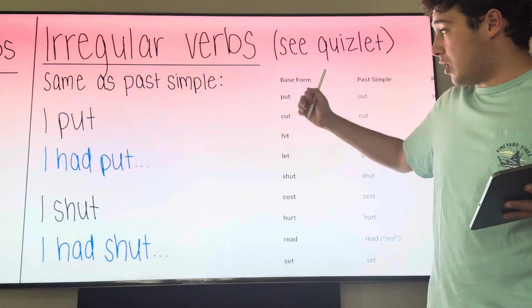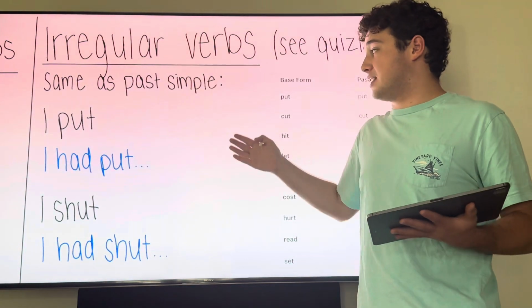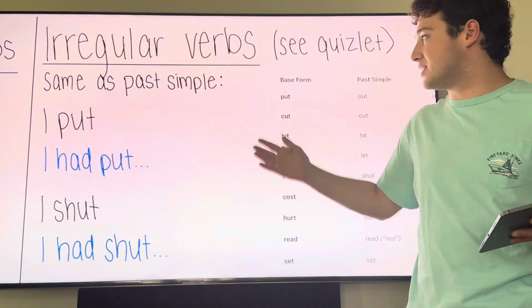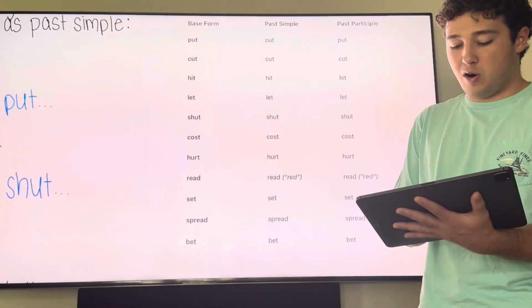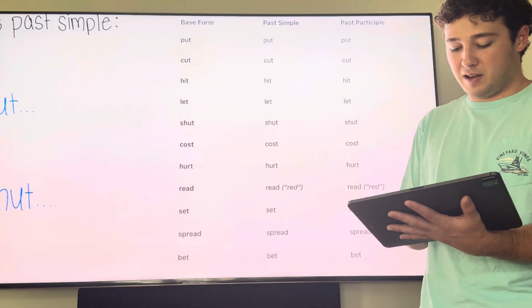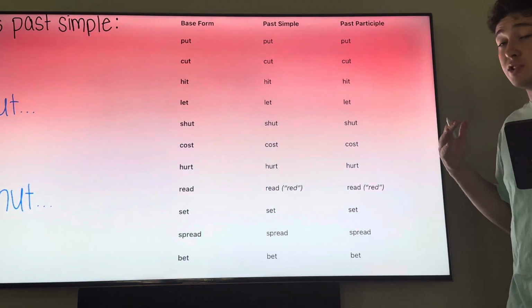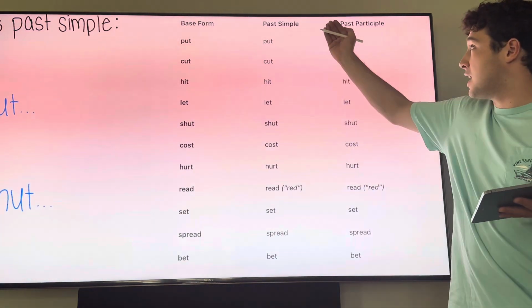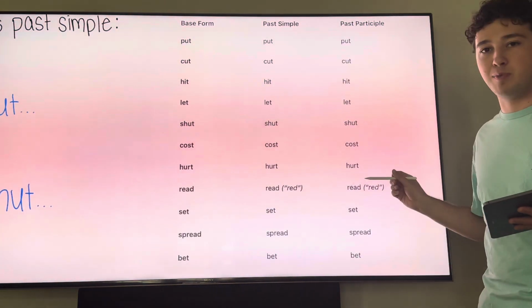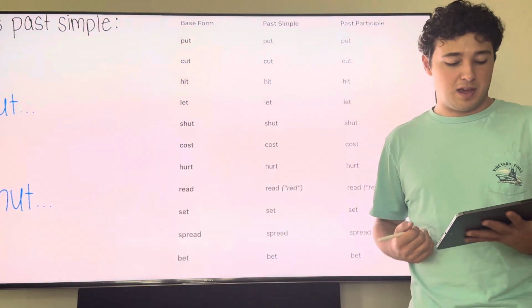Now, these are essentially exactly the same form, just with the had. It uses the past simple word. And over here is a list of some of the others which would be exactly the same. There's no real change. You just take the past simple form as the past participle for this.